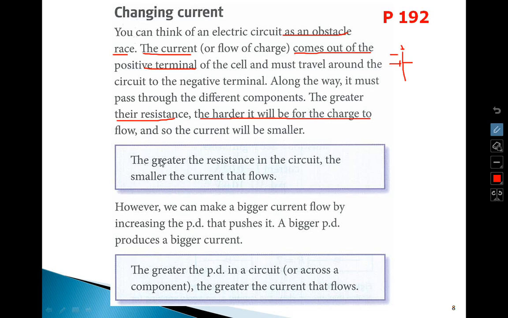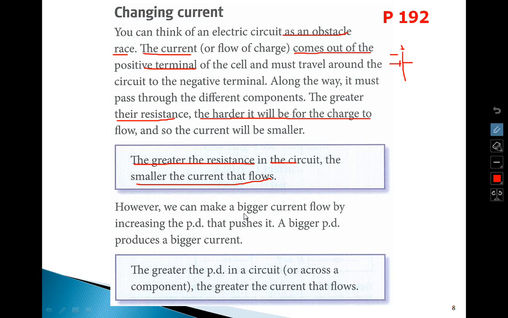So what's the conclusion here? The greater the resistance in the circuit, the smaller the current that flows. If R is high, the current is low. If the resistance is low, current is high.